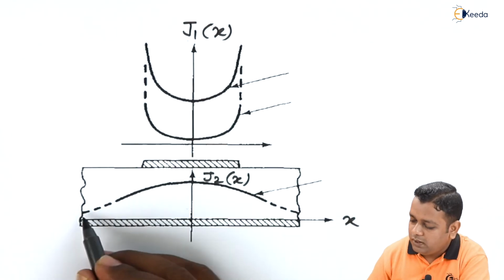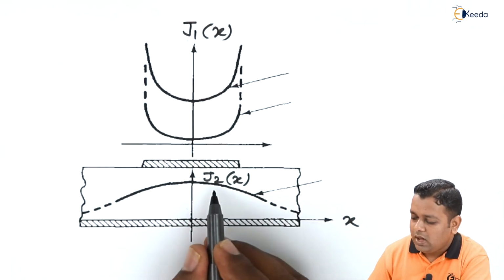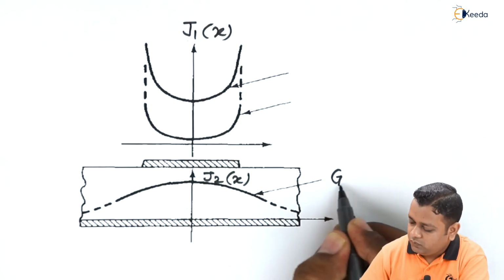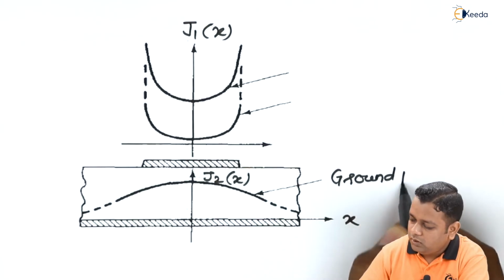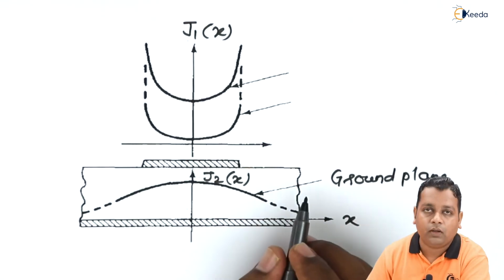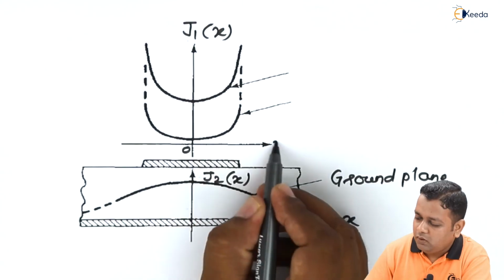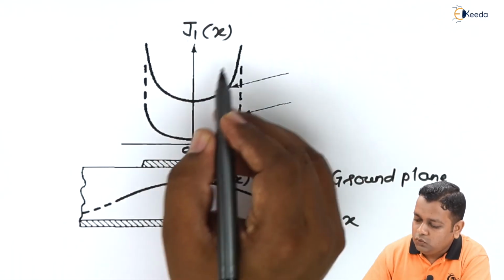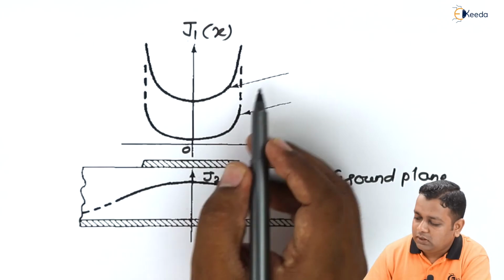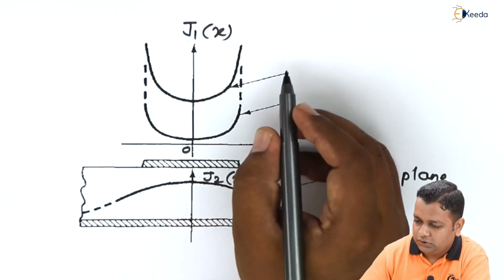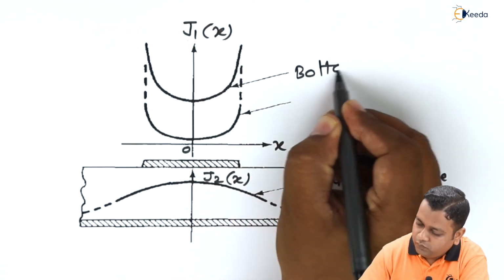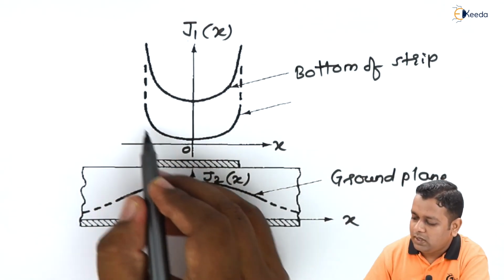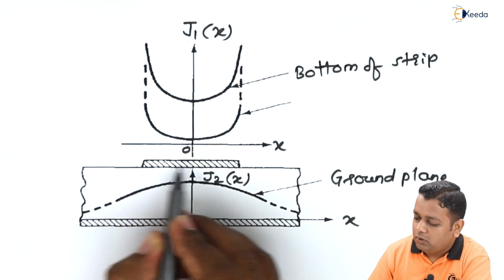Now for the ground plane we obtain such a nature as we plot the conduction current density across x. Whereas as we plot J1 of x, we have two curvatures obtained. This is the curvature obtained for the bottom of the strip, whereas this curvature is obtained for the top portion.